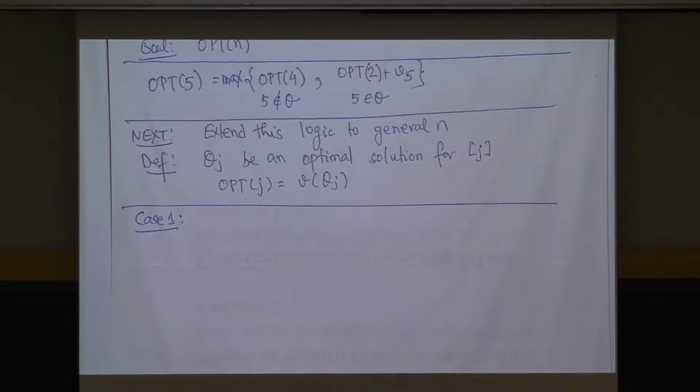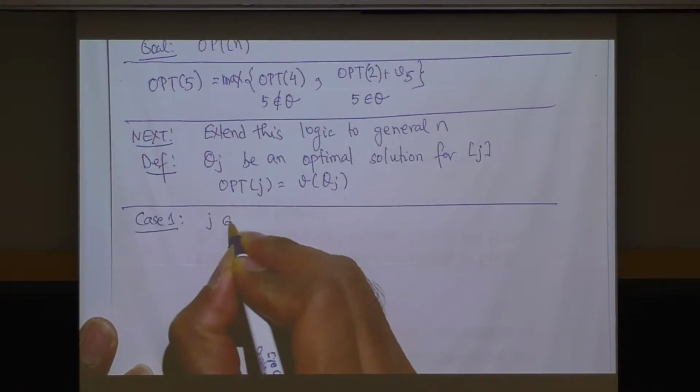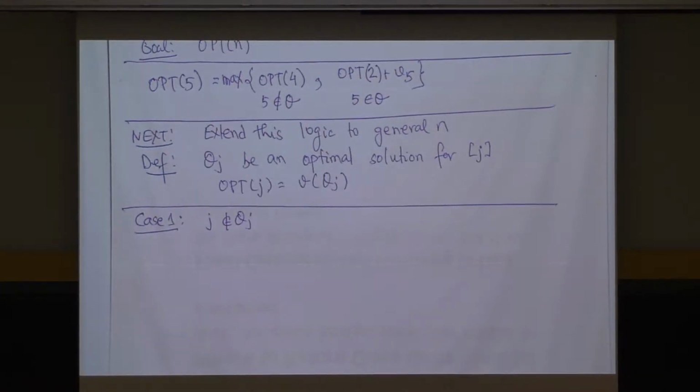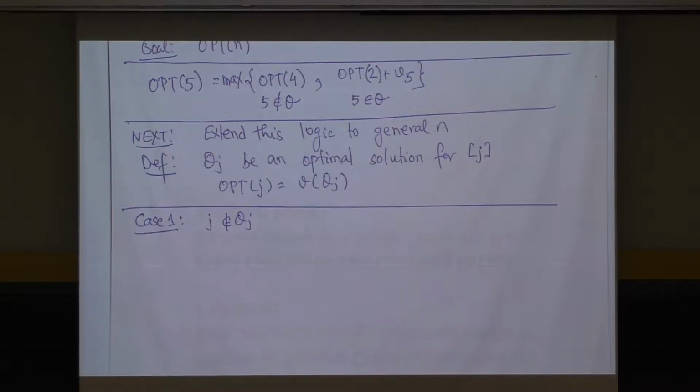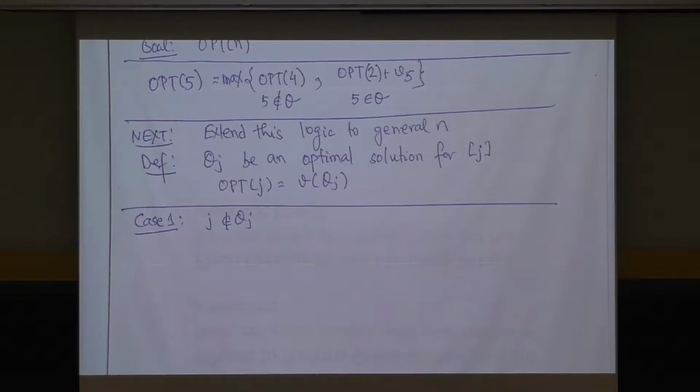So the first thing is, I could have started from n as we did in the previous case, n equal to 5. But the point is, the argument that I'm going to make should work for any input instance from 1 to j. So just pick any j. Okay, so fix any j. And the first case we want to see is when j is not in the optimal solution from 1 to j. In this case, using the same argument as before, what you have is actually an optimal solution from 1 to j minus 1.